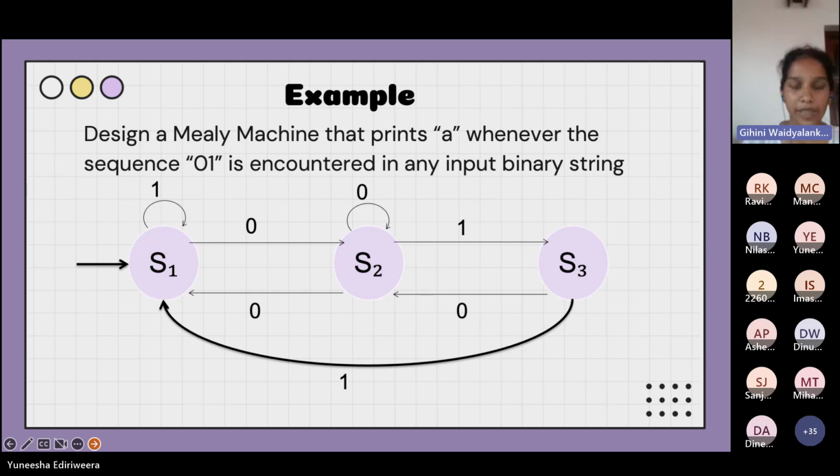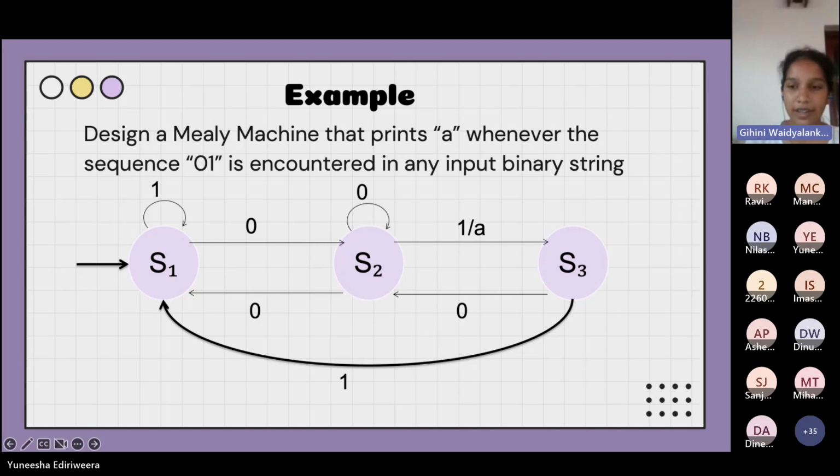In Mealy machines, both the present state as well as the input are considered. Because of that, I'm going to represent my output along with the present state, which is S3, and the input. Next slide. You can see how I represented this output according to the present state and the input.